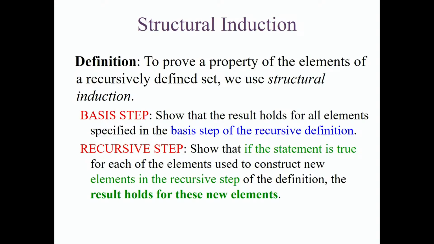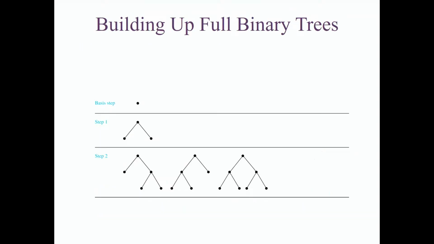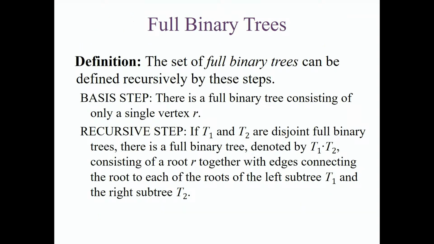To prove a property of the elements of a recursively defined set, we use structural induction. Okay, so we also have 2 steps. The basic step shows that the result holds for all elements specified in the basic step of the recursive definition. Previously we saw for the full binary tree, we have a basic step to create the full binary tree, right?